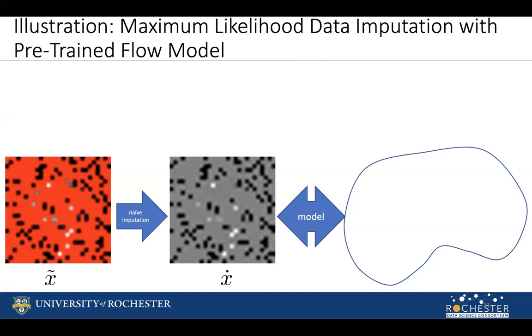Once we have a naively interpolated image, we can pass it through our pre-trained normalizing flow model and perform latent variable inference and likelihood estimation on the resulting image.